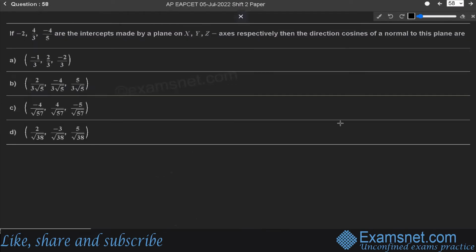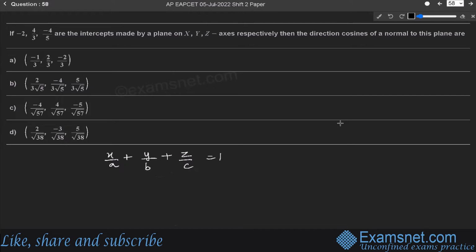Next question is, if minus 2, 4 by 3 and minus 4 by 5 are the intercepts made by a plane on x, y and z axis respectively, then the direction cosines of a normal to this plane are. We know that the equation is in the form x upon a plus y upon b plus z upon c is equal to 1.